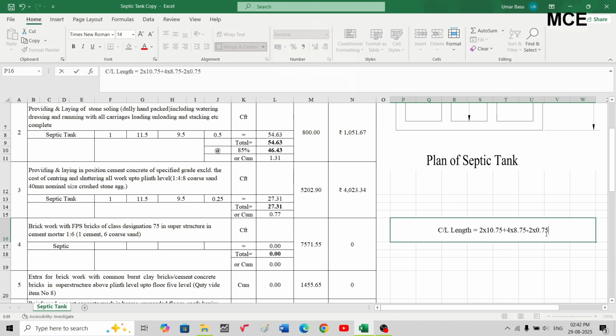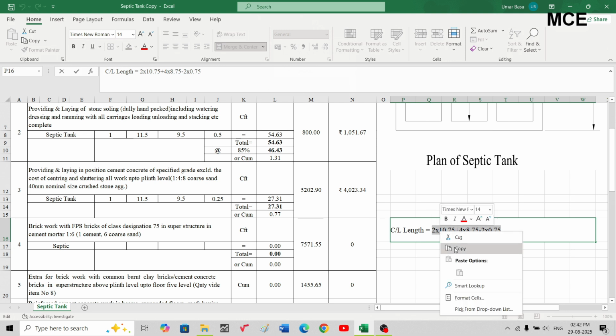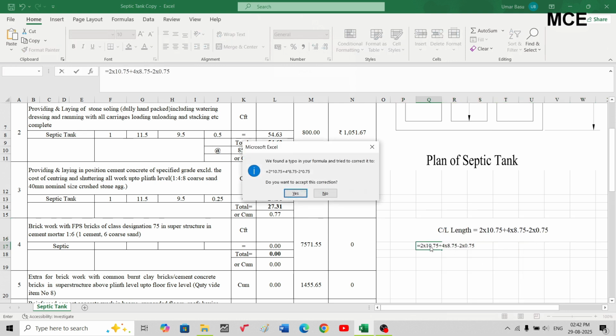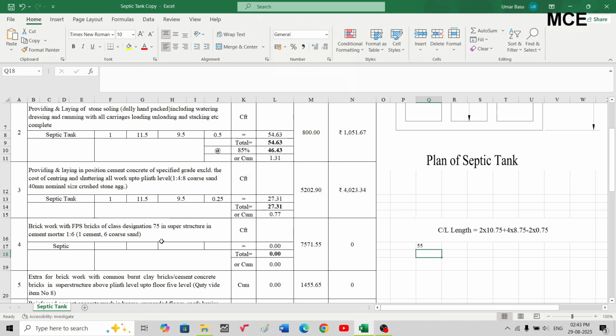This will be the total center length. Let us calculate the value of the total center length. So total center length is 55 feet. So 1 into 55, width of our wall is 0.75, that is 9 inches.